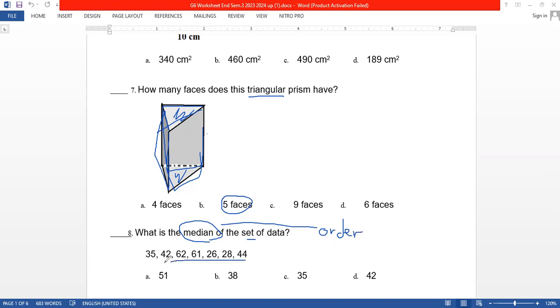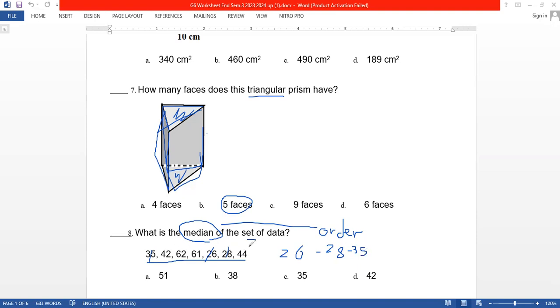Here are the values. I have to be very careful when I order them. What's the least value, guys? 28. So I put 28. I'm ordering them now. But before 28, we have 26, yes? So 26 is the first number, then 28, then 35. I have to be very careful.